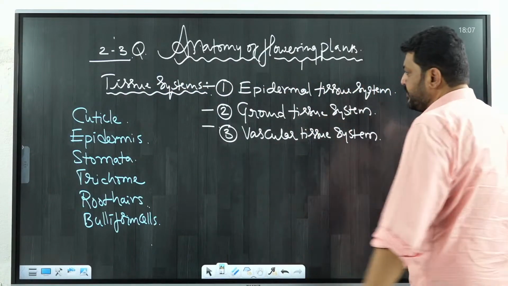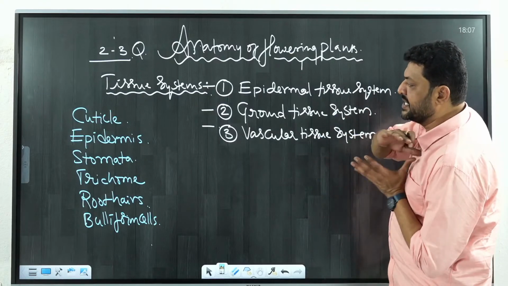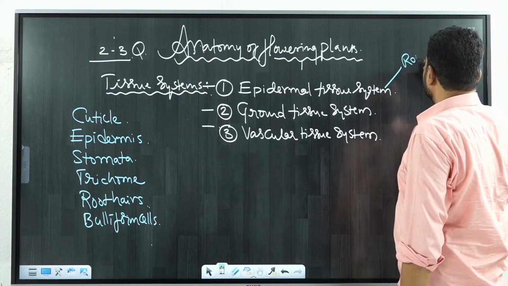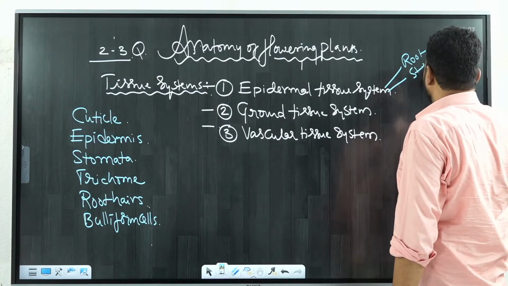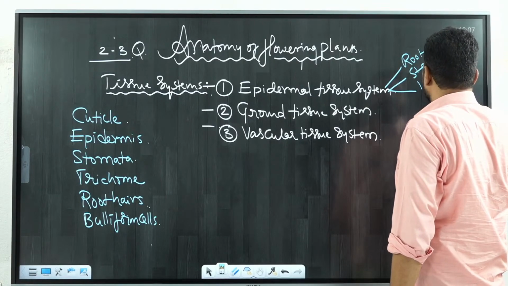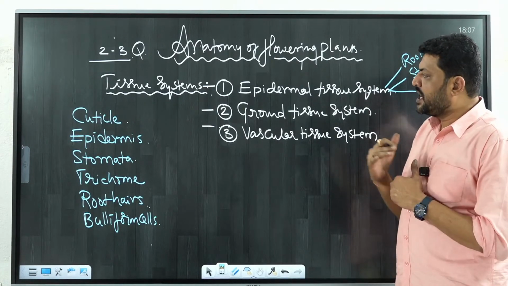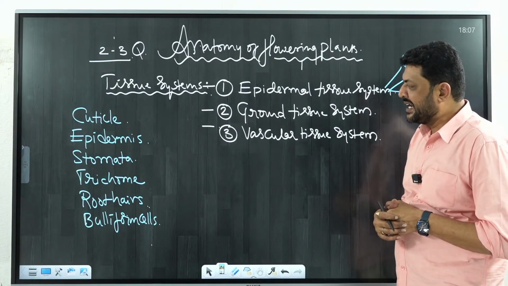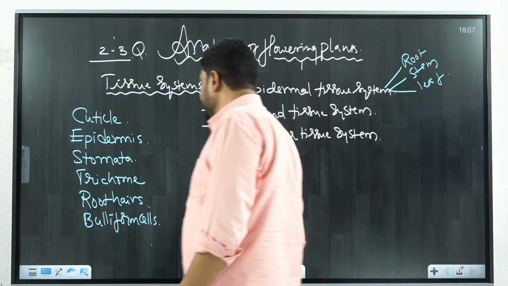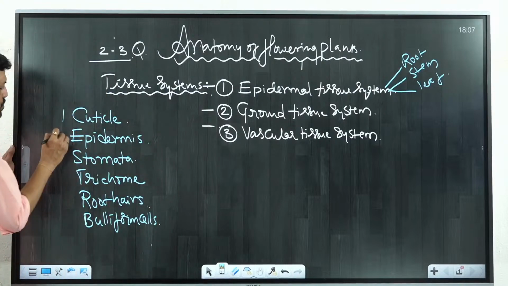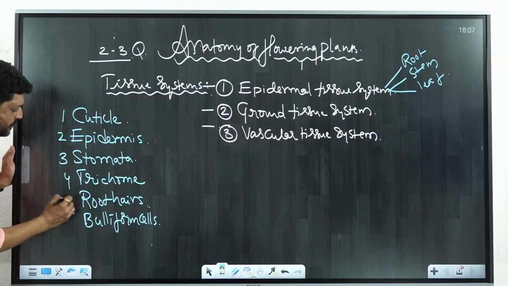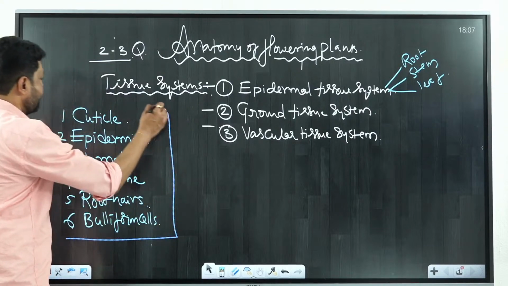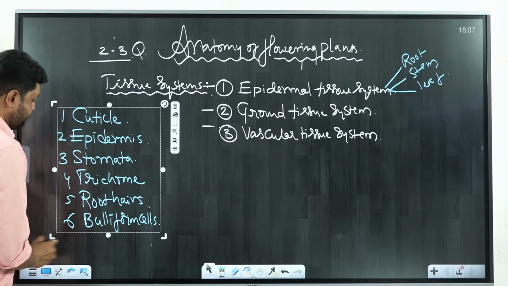These are all the structures connected with the epidermis of the root, of the stem and of the leaf. Got it? Let me count: 1, 2, 3, 4, 5 and then 6. There are 6 side headings we should remember.